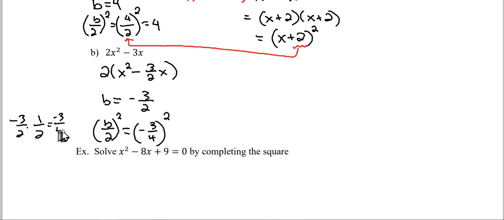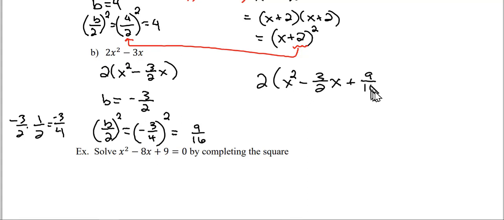That's the negative 3/4. Okay, when we square that, we get 9/16. That's what we would add to just the x squared minus 3/2 x to get that perfect square trinomial inside that parentheses.